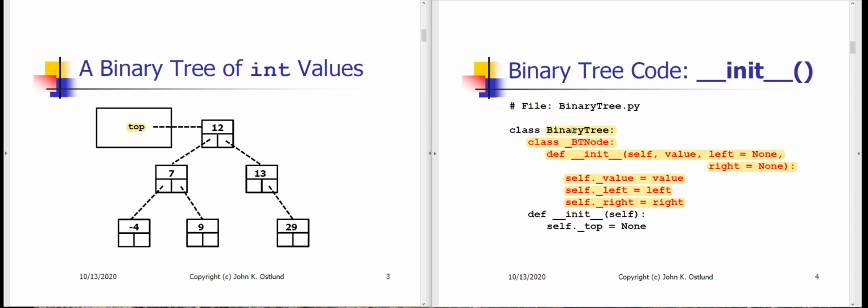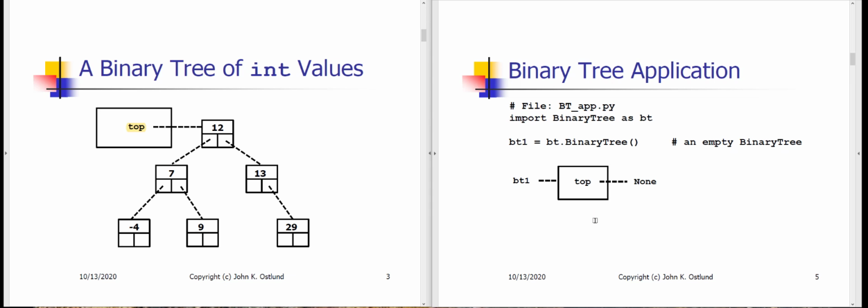And then the binary tree class itself has an initialization method that just sets the tree to be initially empty. All right, so if we create in our program that BT1 is a binary tree, that calls the init function, which sets the top member within the binary search tree to refer to none because there are no nodes in the tree yet.